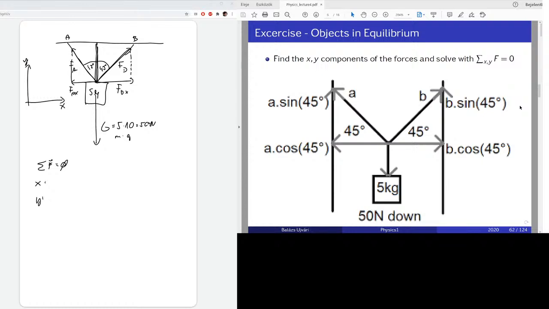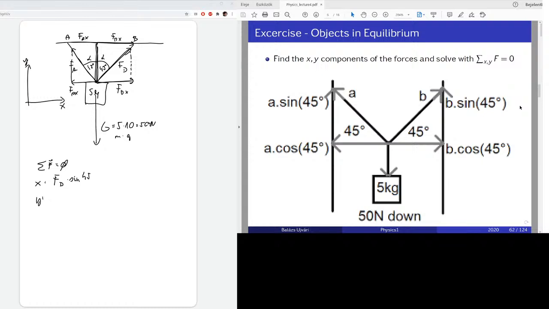And what is the x projection of the FA force? Since this is 45 now, this is simple. No, let's calculate it. So these are the alpha. These are FB times sinus alpha, which is 45. You remember this FB can be also here, FAX.